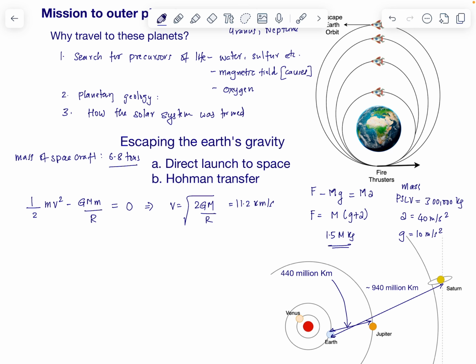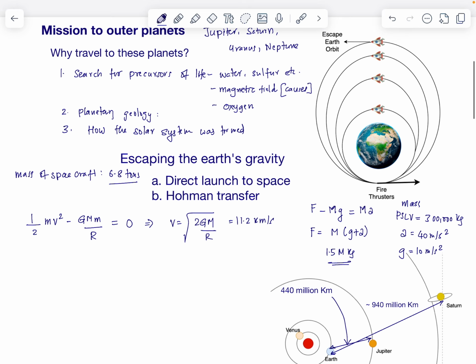Okay, so what essentially happens in such a case is that they use this concept of a Hohmann transfer. You don't directly launch a spacecraft into space. What you do here is you first raise the orbit.